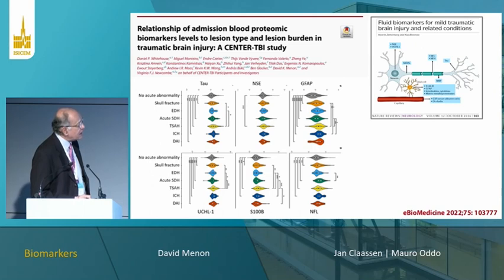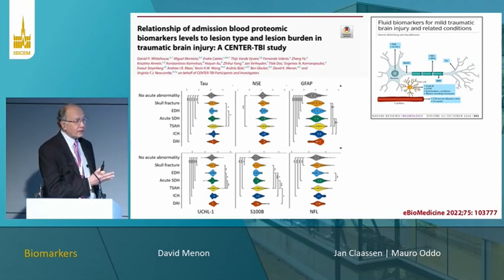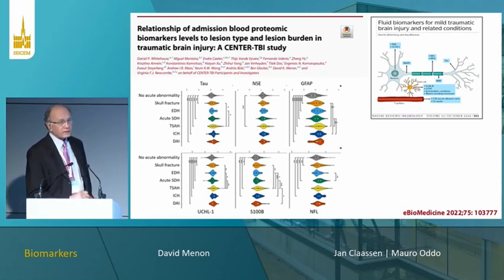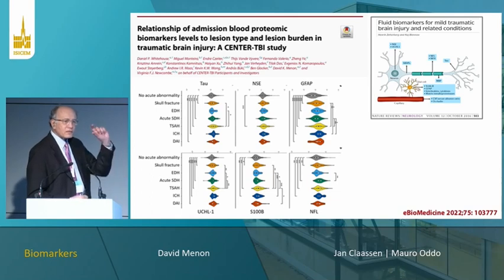Interestingly, it's consistently elevated. Tau, GFAP, and UCHL1 are elevated even in patients who show no CT abnormality and just show a skull fracture, suggesting that these patients have some degree of occult brain injury that is not detected by the CT. That's not surprising. We've known it for some time, or suspected it for some time, but this provides proof of that.